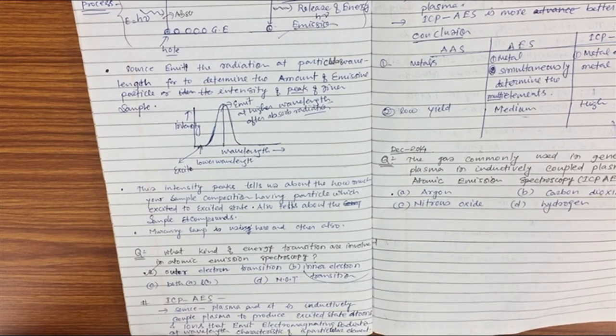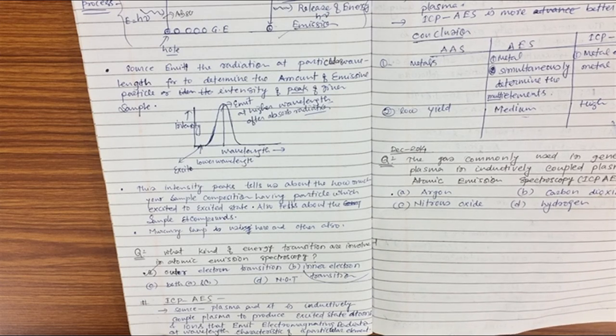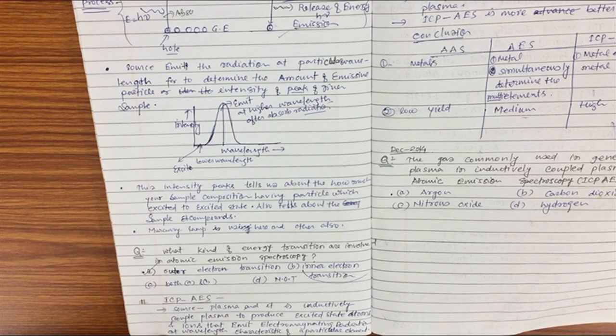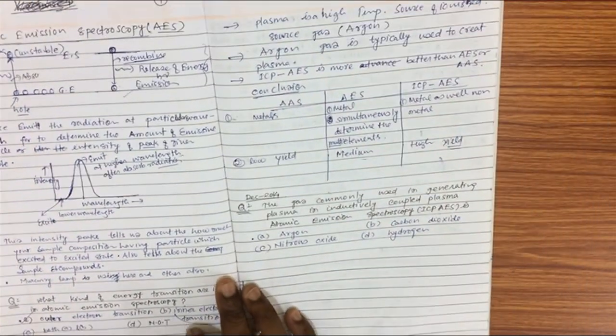This technique is very important because no high energy source is used here; a plasma source is used. Through this technique we can determine metal as well as non-metal elements. So it is very important.